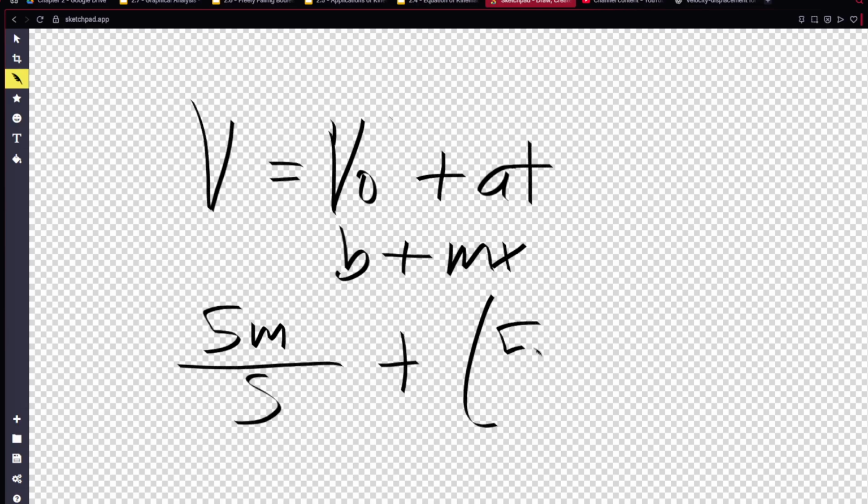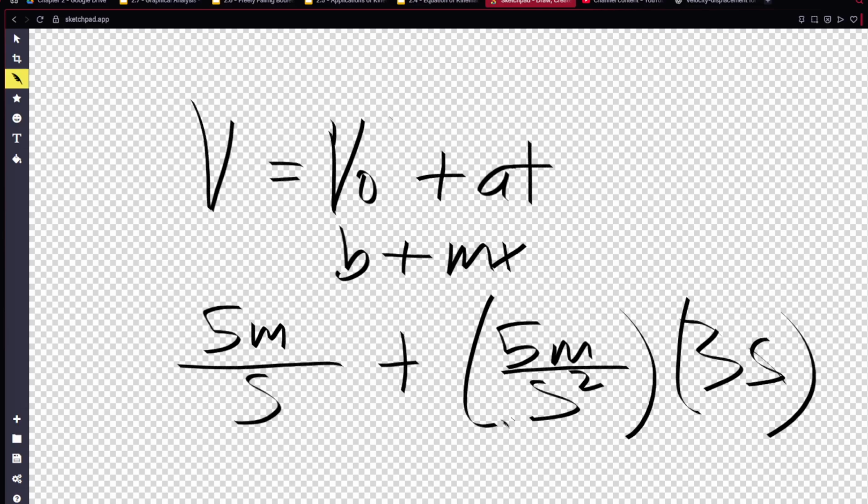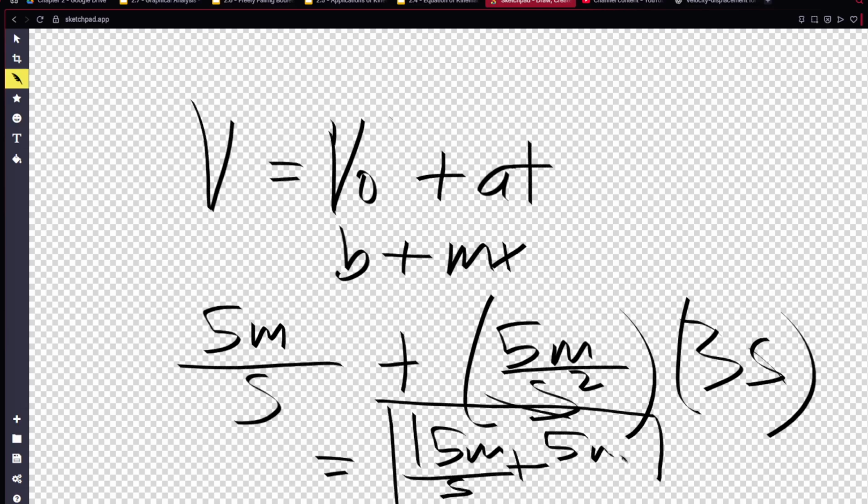So if we're accelerating at 5 meters per second squared, that means every 3 seconds, the seconds cancel out, giving us a net change of 15 meters per second velocity change, which gets added to that 5 meters per second, which gives us 20 meters per second as a final velocity.